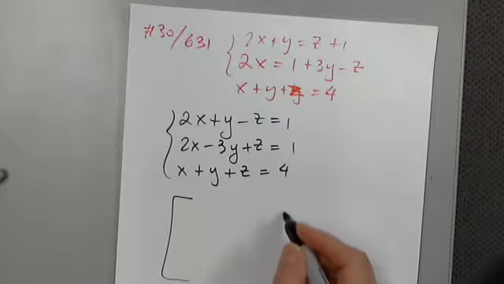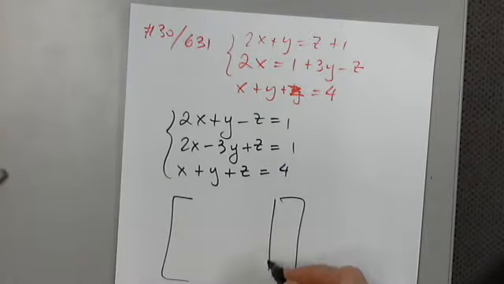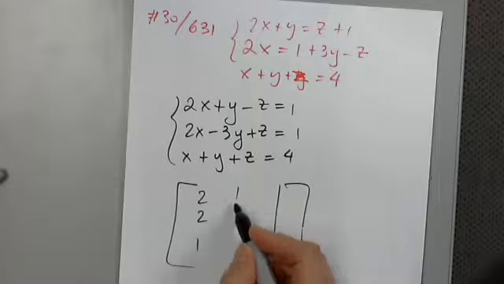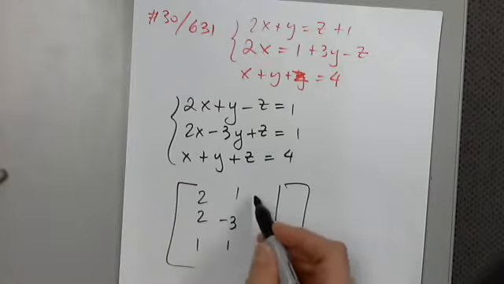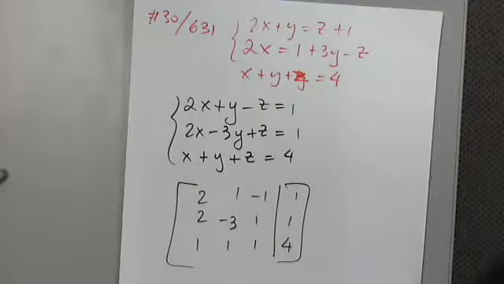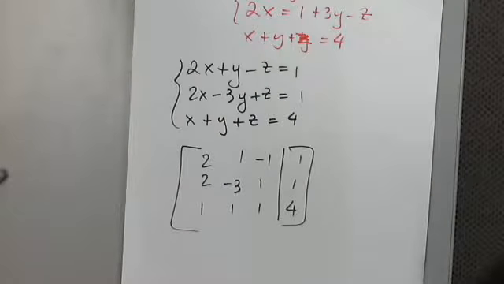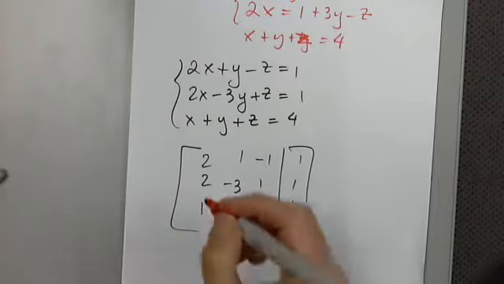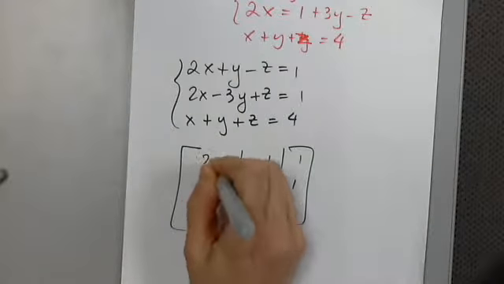So now we are ready to write the augmented matrix. 2, 1, negative 1, 1; 2, negative 3, 1, 1; 1, 1, 1, 4. So the first step is always the same, and we cannot deviate from any of the steps. I need here to have a 1.